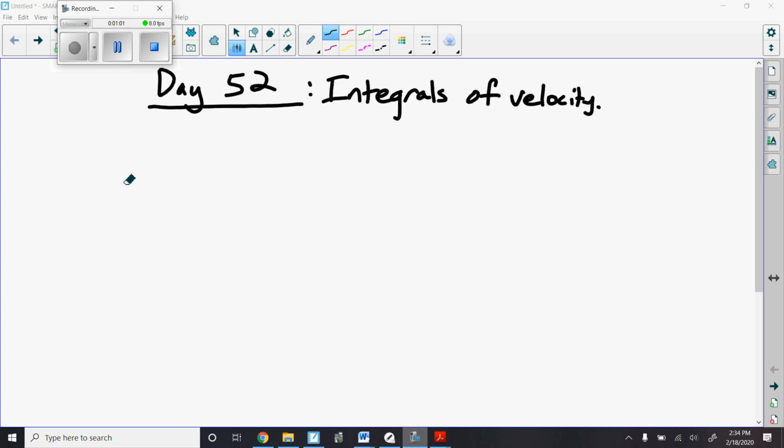What we have to be very careful with integrals of velocity is the difference between displacement and distance traveled. So let's take a look at just a definition here that I want you to circle in your notes.